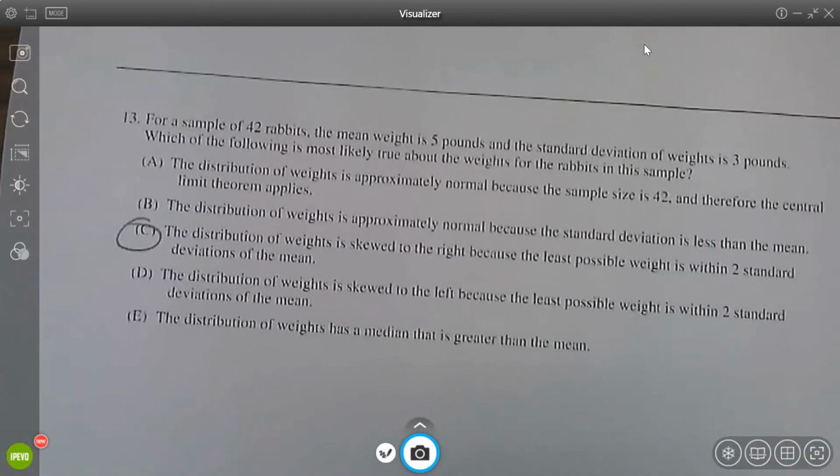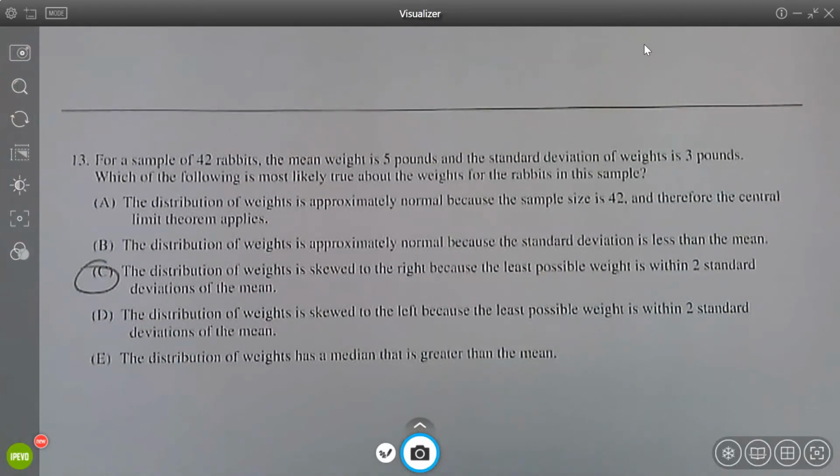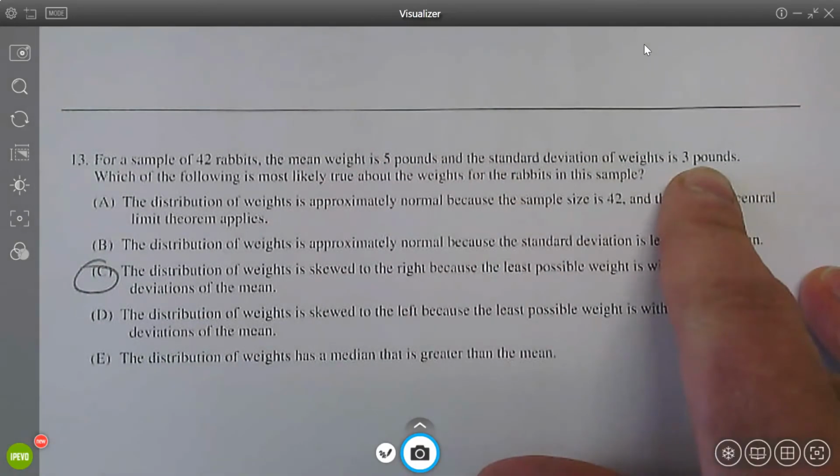For 13, now they're talking about the sampling distribution. Or, I'm sorry, no, they're not. They're just talking about the distribution in general. So in order to be approximately normal, it would have to satisfy the 68, 95, 99.7 rule. If I go 3 standard deviations below the mean, I'm going to have negative weights. Even 2 standard deviations below the mean would be negative.